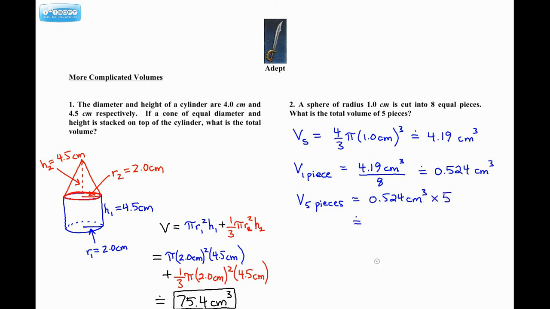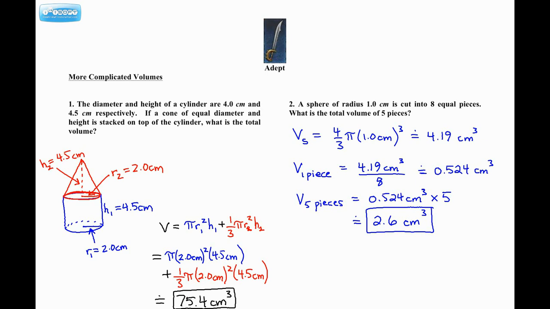Multiply that by 5, and I get approximately 2.6. So now I'll go to the nearest tenth, and this is still centimeters cubed. All right, so that is one way to get our answer.